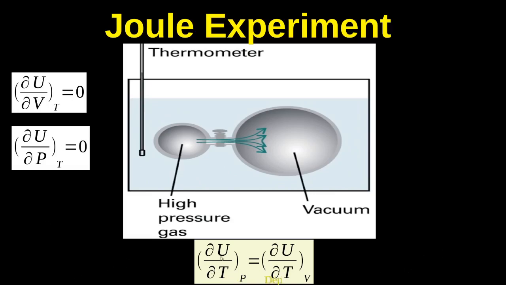This equation indicates that the increase of internal energy per degree temperature is the same, no matter whether the pressure or the volume is kept constant during the process.